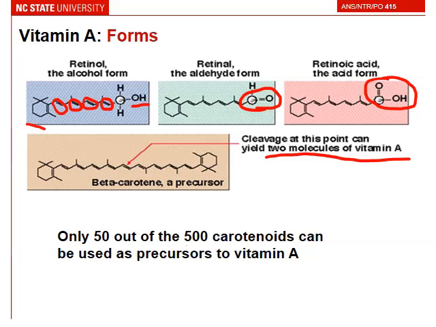Out of the nearly 500 carotenoids that we know of and have identified, only 50 of them, or 10%, have some vitamin A activity. So not all of our carotenoids can be used to synthesize vitamin A.